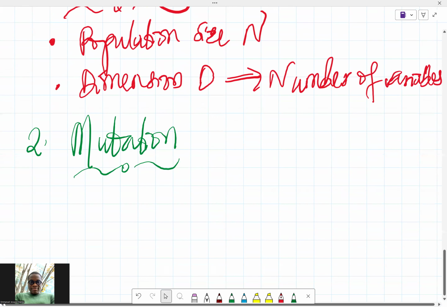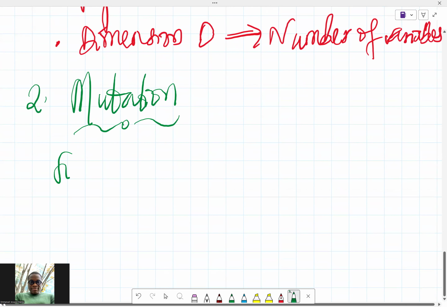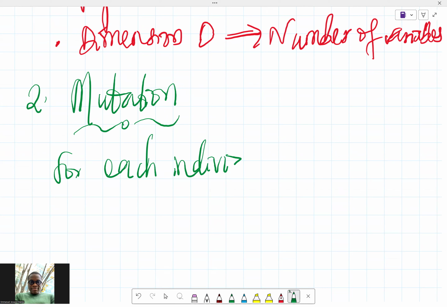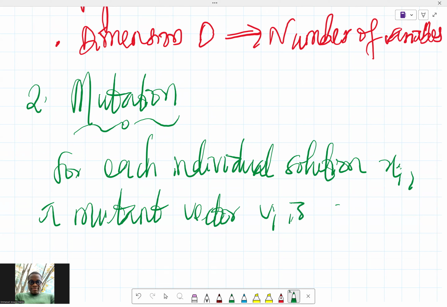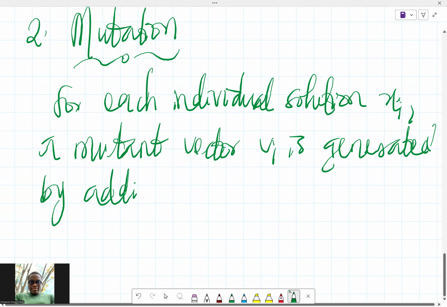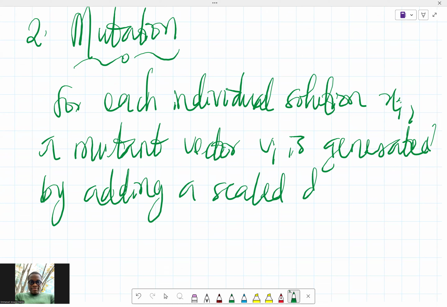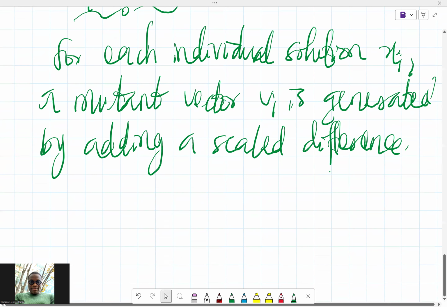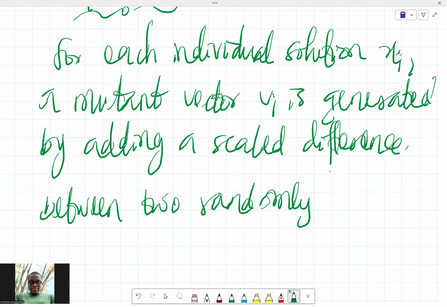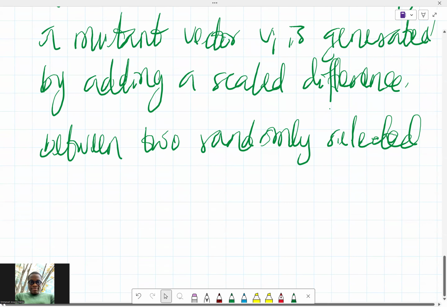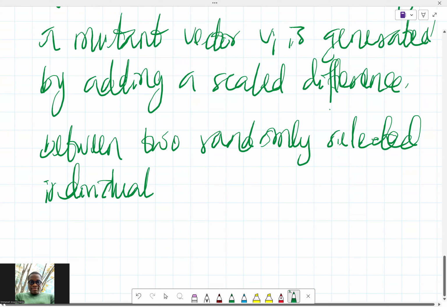So for mutation, for each individual solution xi, a mutant vector vi is generated by adding a scaled difference between two randomly selected individuals from the population.